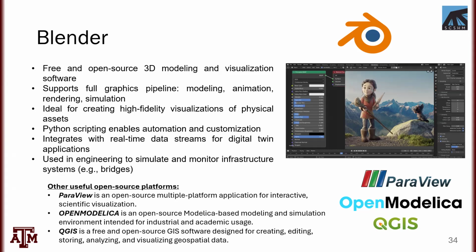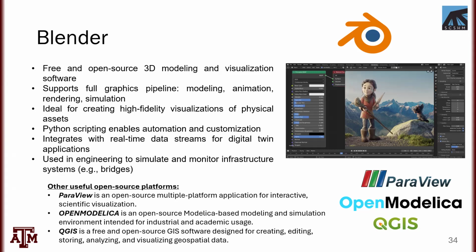So a lot of people have used Blender to make animations that maybe we've seen on movie screens, right? But we can also use it for digital twinning because the benefit of Blender is it has a Python API. It can be automated in streaming a lot of the live data streams that come through from IoT sensors. And it can work with simulation outputs from other tools like some of the finite element software that exists.